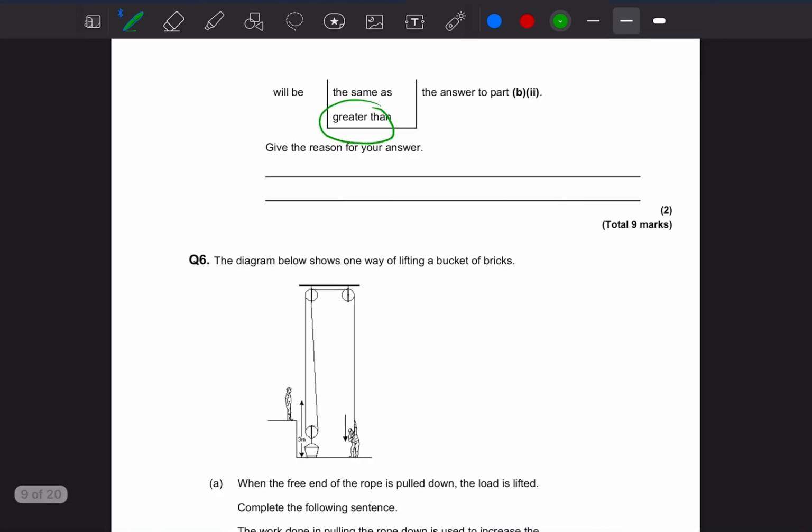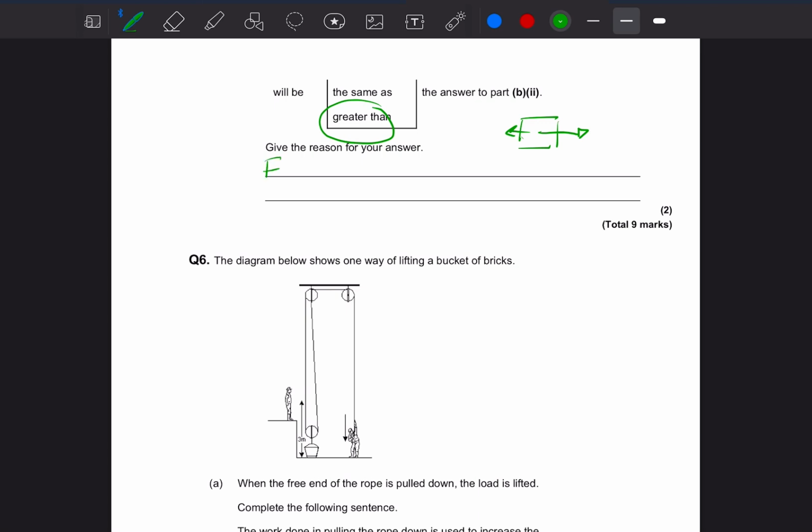It's going to be greater than, and the reason why is because the force needs to overcome the resistance forces. Yeah, the air resistance pulling it backwards. So force going forward, the water skier is getting faster. So therefore, the forward force must be bigger than the backwards force in order for them to accelerate.